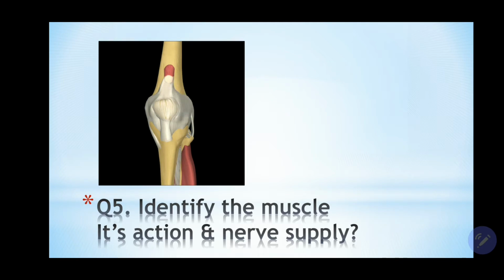The suprapatellar bursa is the extension of the synovial membrane out of the capsule of the knee joint. So this synovial membrane is being pulled up outside the knee joint capsule in the form of the suprapatellar bursa, and this bursa is being pulled up by this small muscle, the Articularis genu.